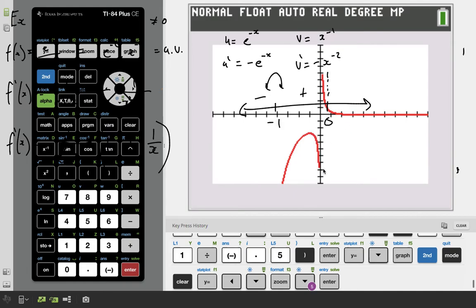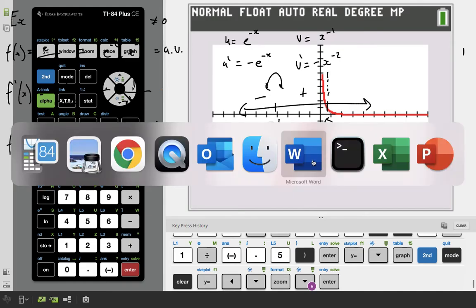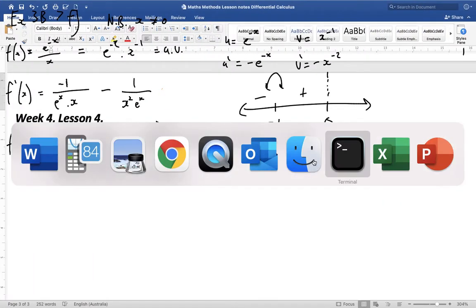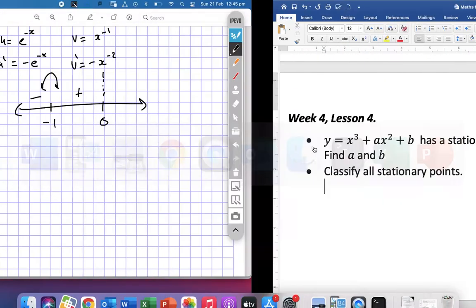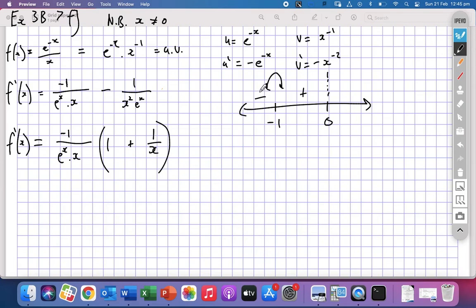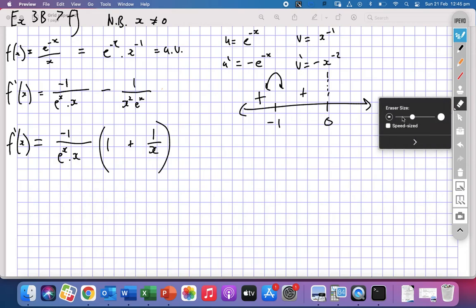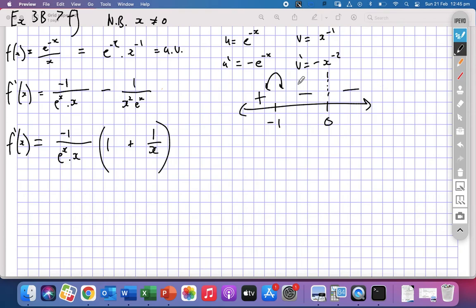Oh, hang on, maximum, positive now. Ugh, I'm making mistakes, aren't I? I'm racing. That's positive. That is negative. And that's negative. Right, so you're coming down here.